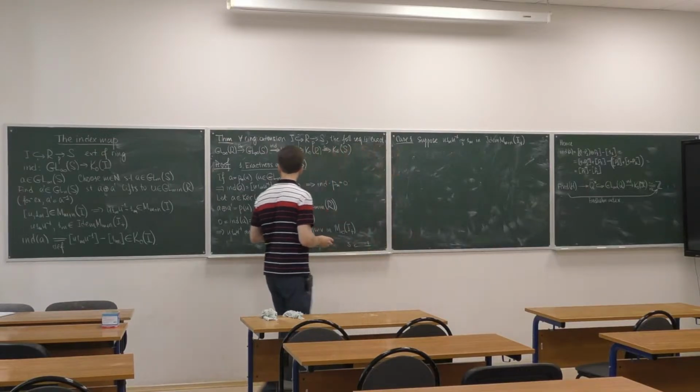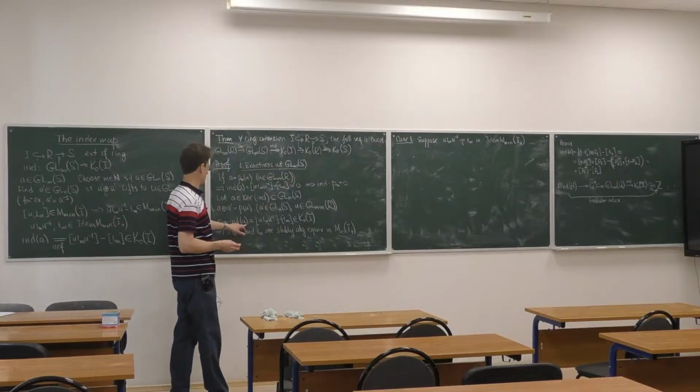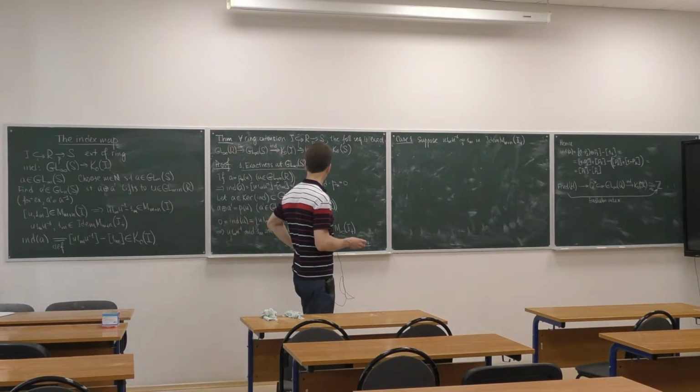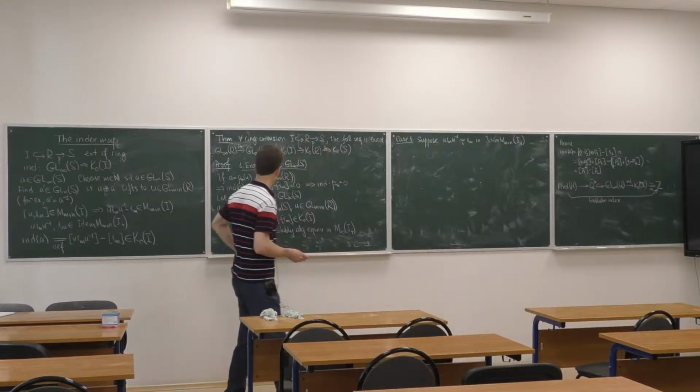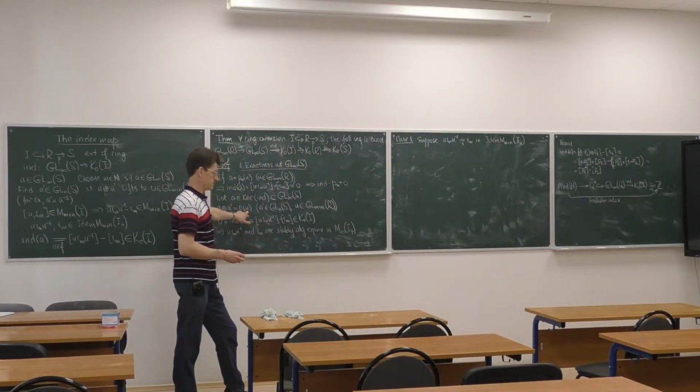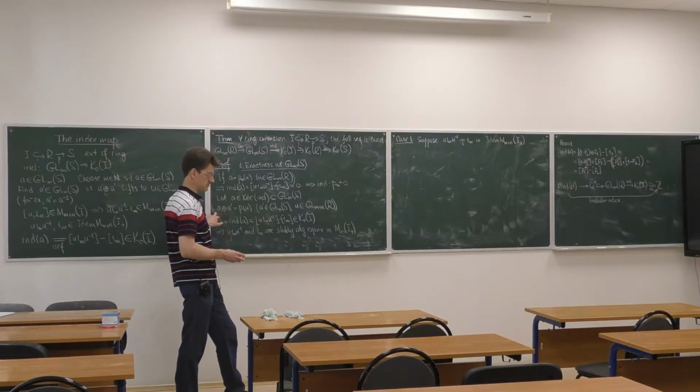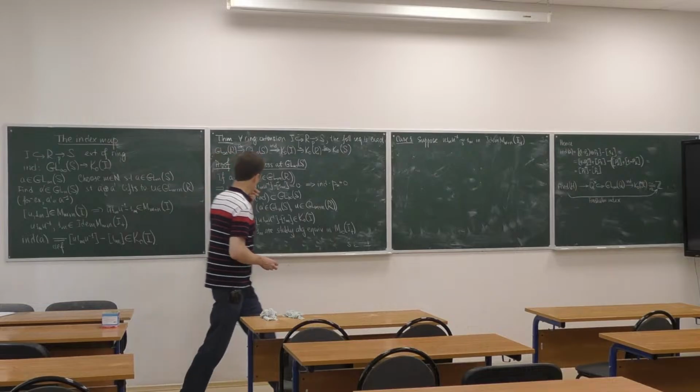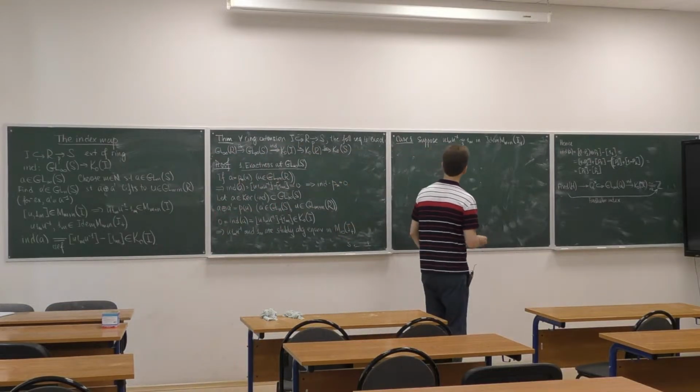So we want to show that A comes from here, and to prove that it indeed comes from here, it will be convenient to find another lifting, to replace U by another lifting of the same element A plus A prime. Well, they are similar.